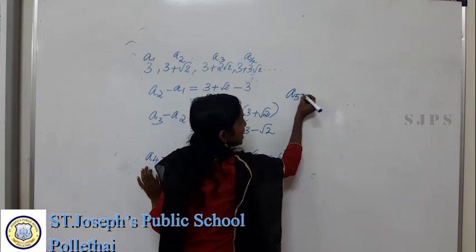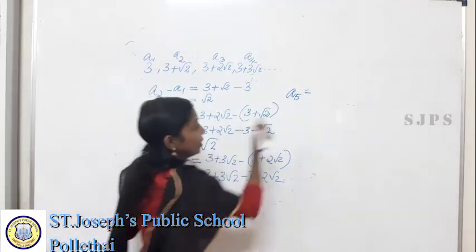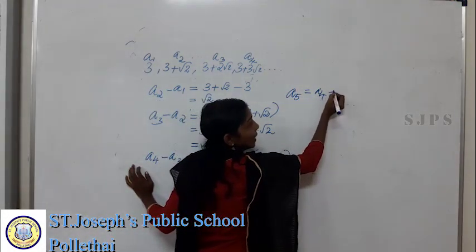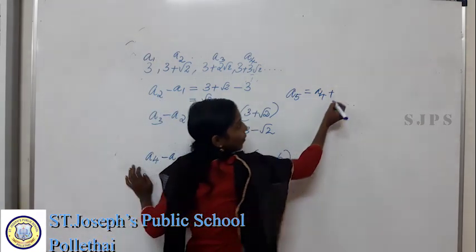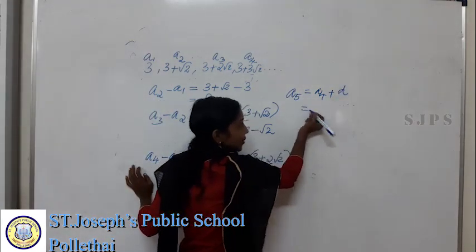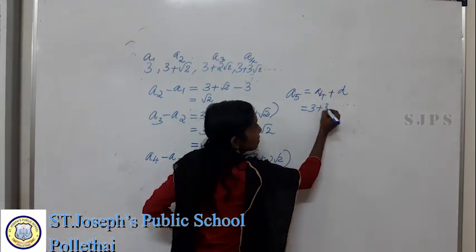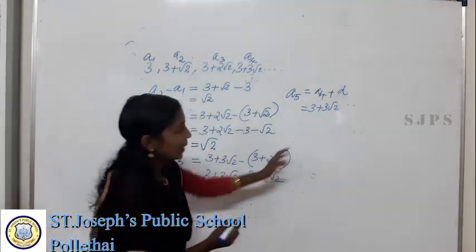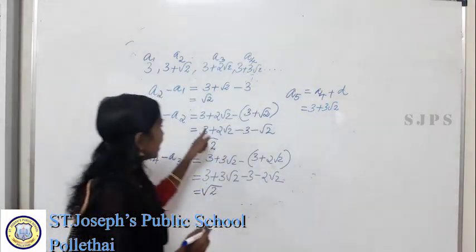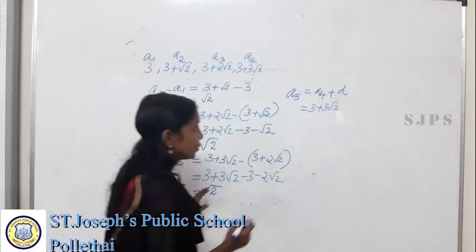A5 is equal to A4 plus the common difference D. That's equal to A4, which is 3 plus 3 root 2, plus its common difference, which we get here as root 2.